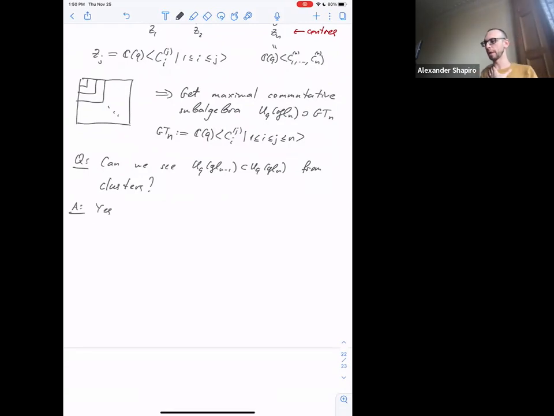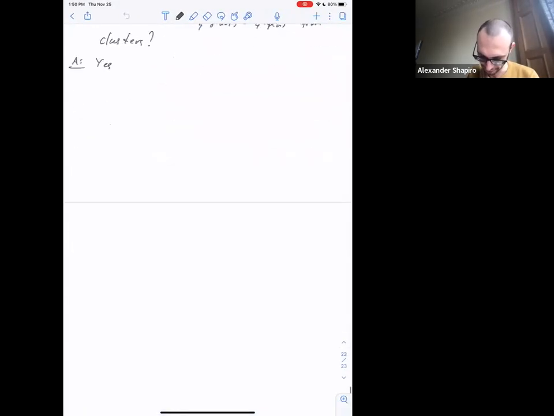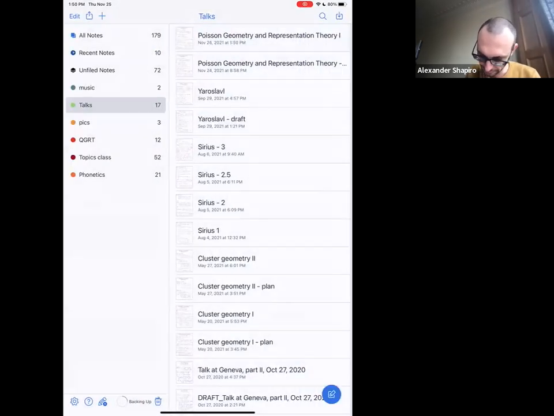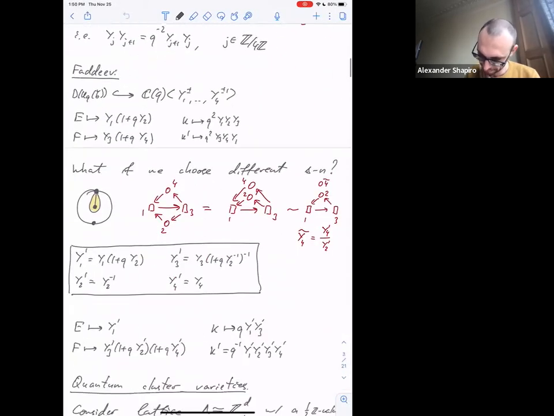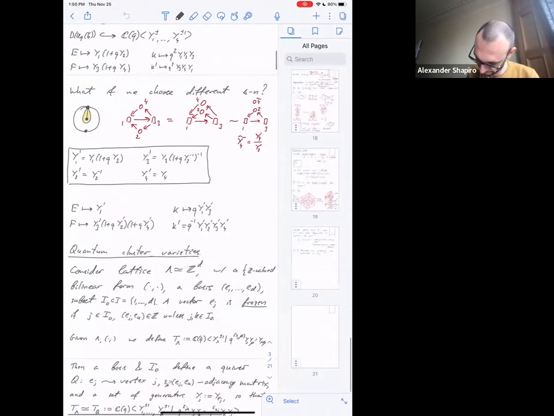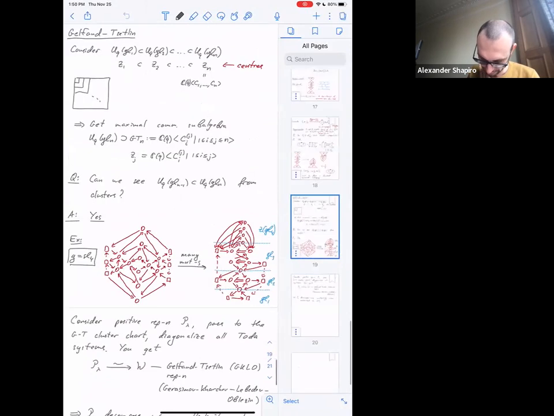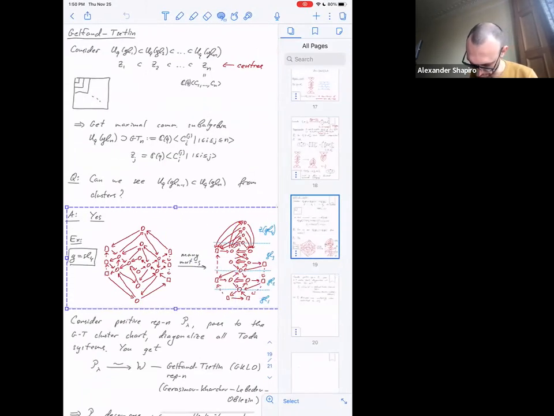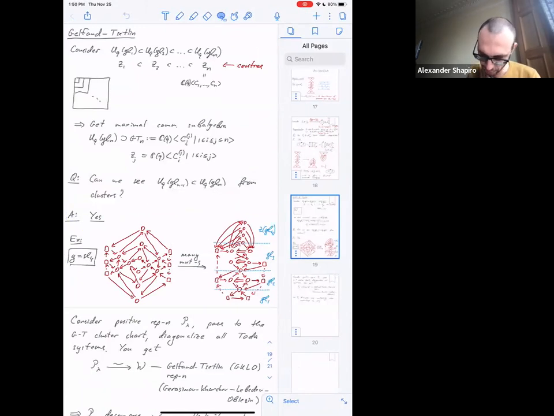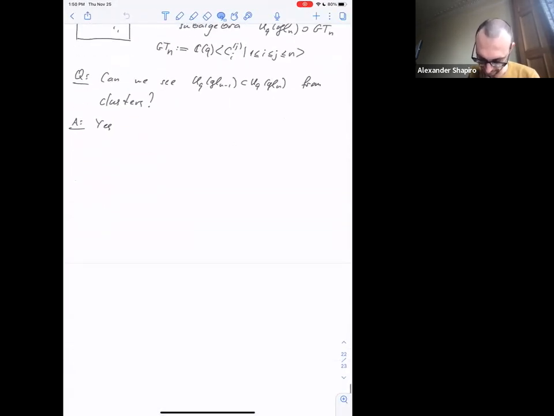Let me just copy this picture from the slide. When I was preparing this talk, I drew these pictures. And not only did I draw it, I also made a mistake there. So I'll copy it and then correct it.